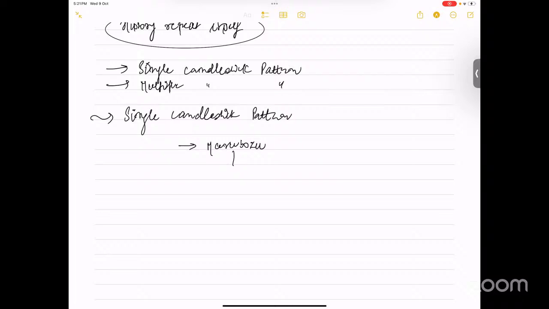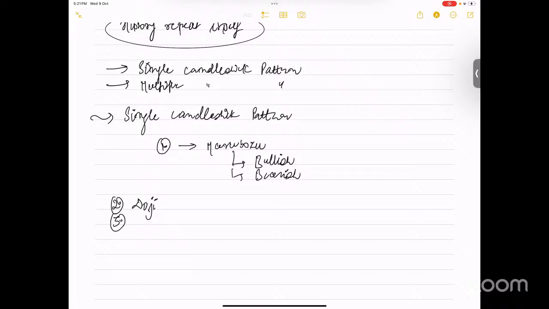So there are two marabuzu. One is bullish marabuzu, another is bearish marabuzu. Second, single candlestick के अंदर it is doji. I'm just naming. अभी हम इनको one by one समझेंगे भी.